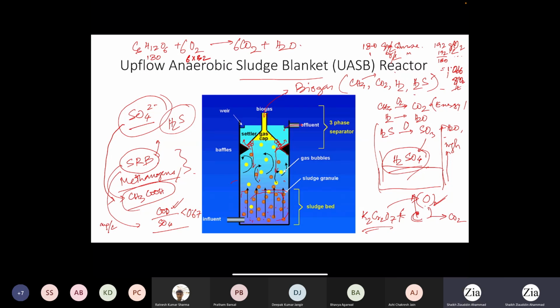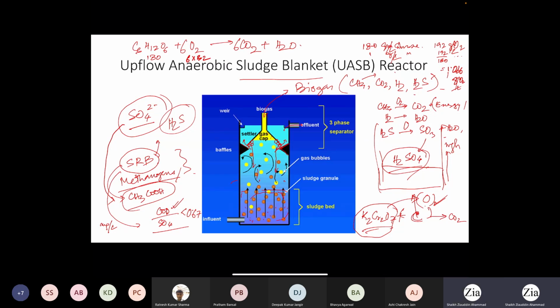Now, experimentally also you can do this. You use a certain amount of potassium dichromate, and you know the amount of potassium dichromate you used before starting this oxidation reaction. You put the potassium dichromate as well as a certain amount of wastewater in a round bottom flask. Then you raise the temperature to, say, 200 degrees centigrade and digest the sample, that is, carry out the complete oxidation reaction for 1 hour.